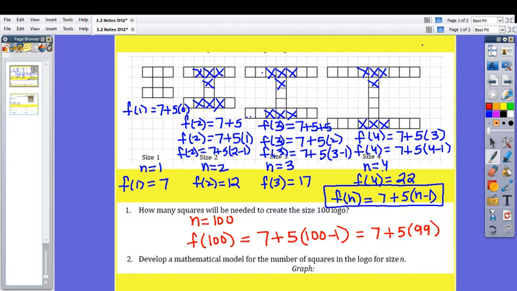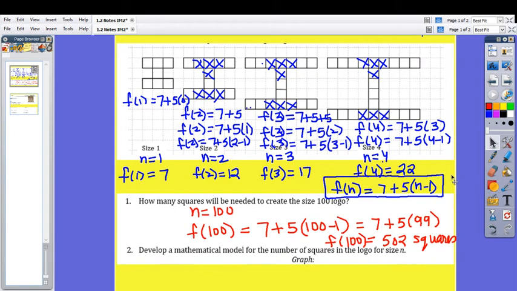Okay, and then when you multiply these two together and then add 7, you will get 502 squares in the logo. Okay, so this is how we figure it out.